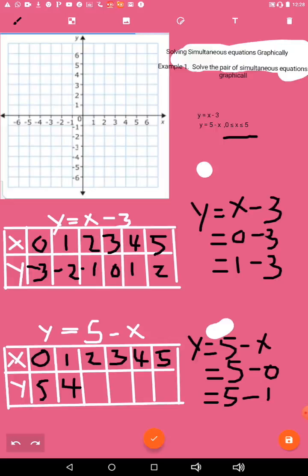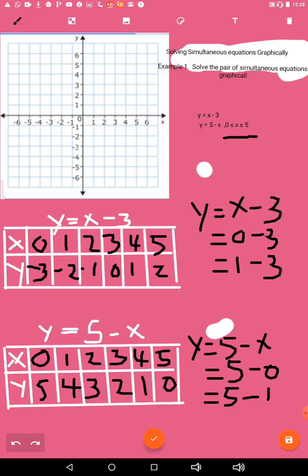So here we can see that we're going down by 1. So the next value would be 3, then 2, 1, and 0. Now we have our points to draw the line for the equation y equal 5 minus x. So now we're going to go ahead and plot on our graph.